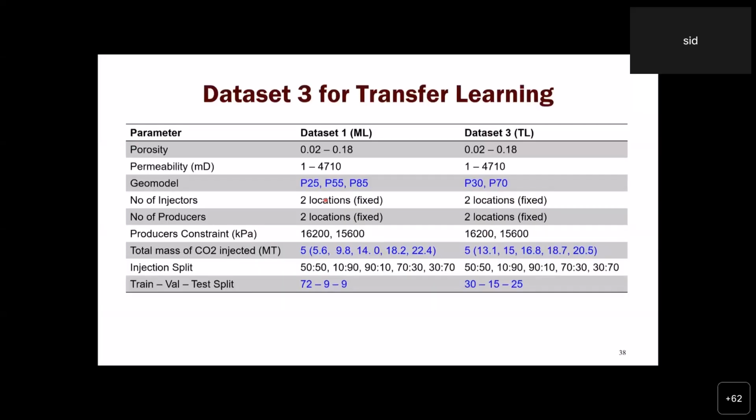To demonstrate the power of transfer learning, I take machine learning model 1 that is trained on dataset 1 and I improve it for a different dataset. And for improving it, we are using transfer learning. And in transfer learning, we are using both the fine tuning and the feature extraction capabilities.